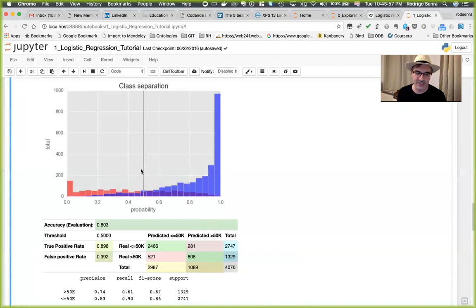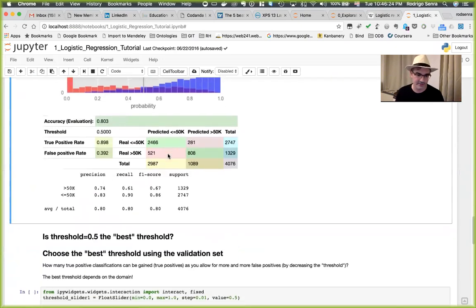If we change the values of our threshold and move this line to the right, we'll be accommodating fewer red values and more blue values. So we're getting more true positives, and our false positive rate will decrease if we move this line to the right. This is how you calibrate the curve.